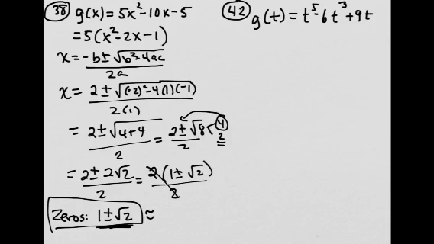Alright, for 42, again, the first thing you look for is whether there's a greatest common factor other than 1, and in this case we have a t in common with every term. So I'm going to factor out the t, which leaves me with t to the 4th minus 6t squared plus 9. Even though this is not a quadratic inside the parentheses, I can treat it that way when I factor, because 4 is twice as big as 2.